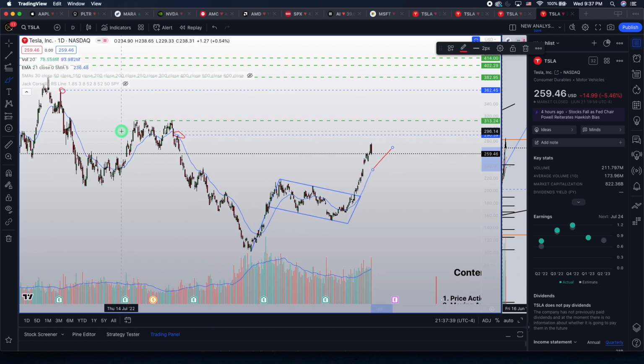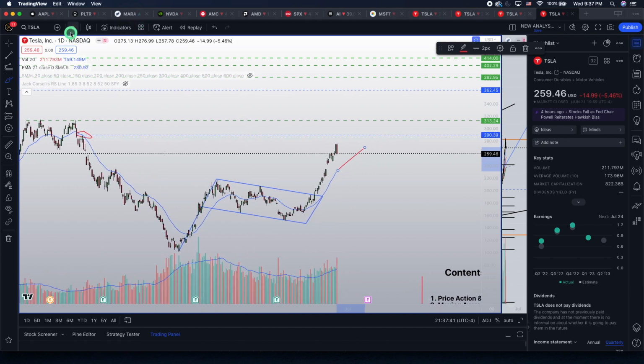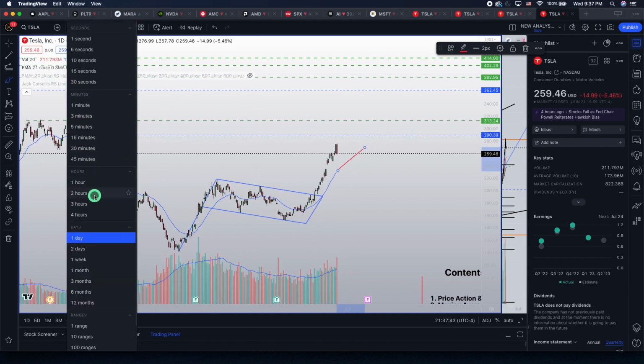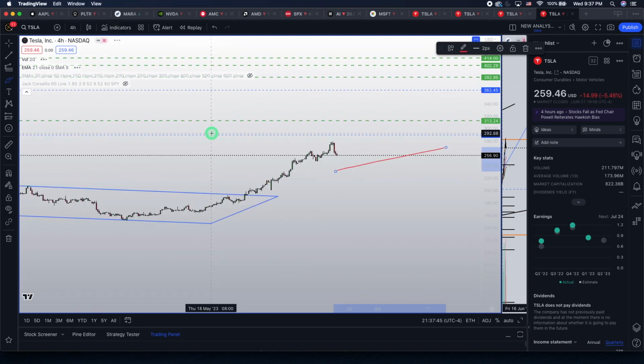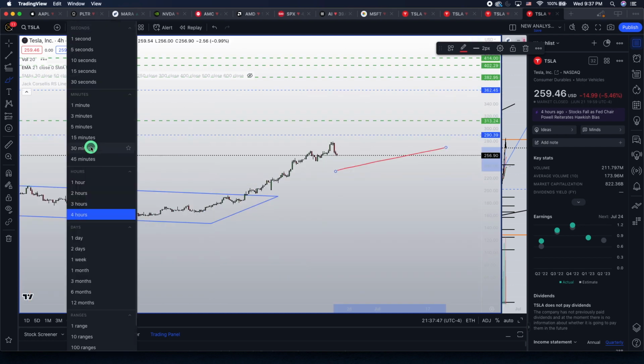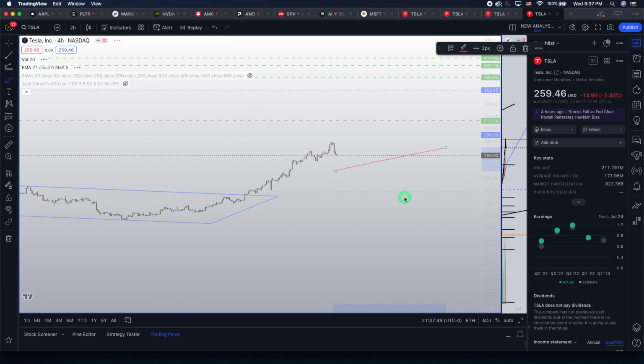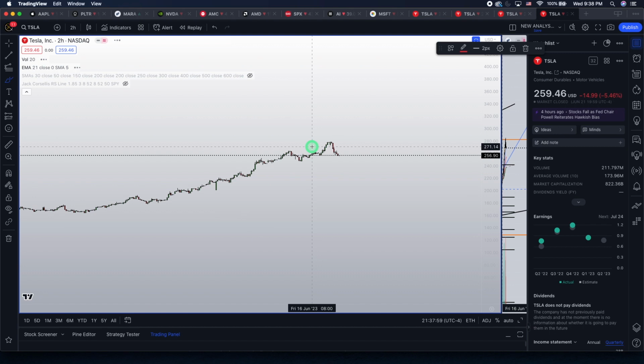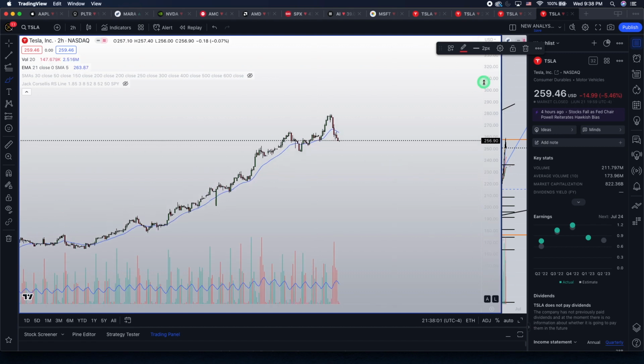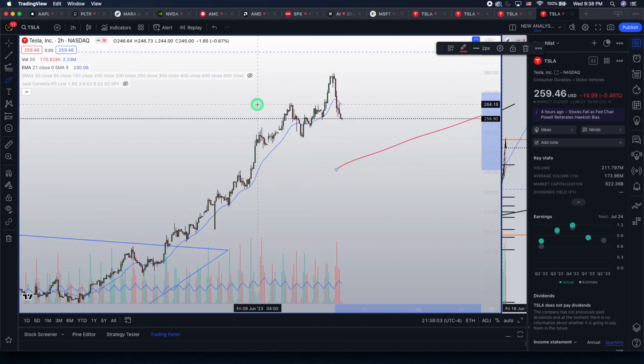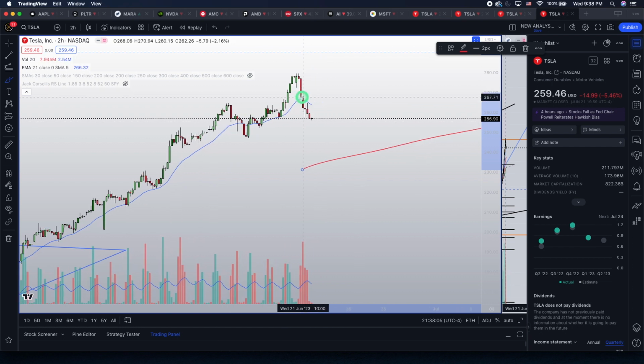All right, in terms of supply and demand zones, we can go to a 4-hour or a 2-hour chart. I'm only going to talk about more recent demand zones on a smaller time frame, because those are areas where we can bounce, where buyers can step in and end this bleeding essentially.